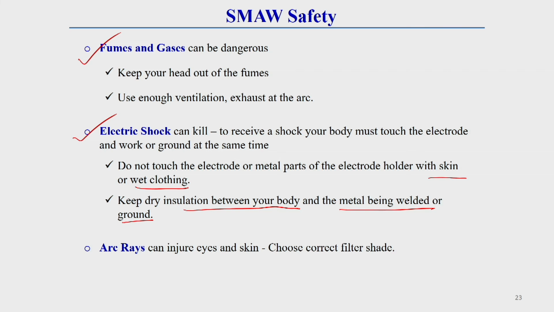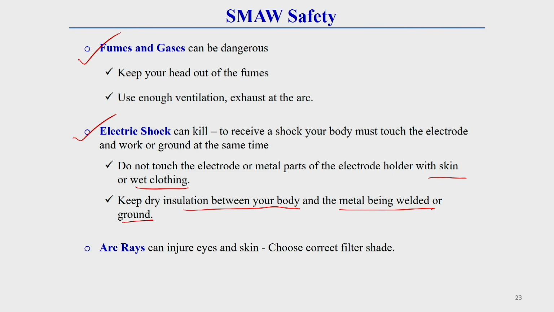Then another thing generated in this welding operation is generally rays. At night times you can see, where these types of welding operations are done, a thunder-type light coming out, sparking. So this is a very dangerous type of ray, you can say.